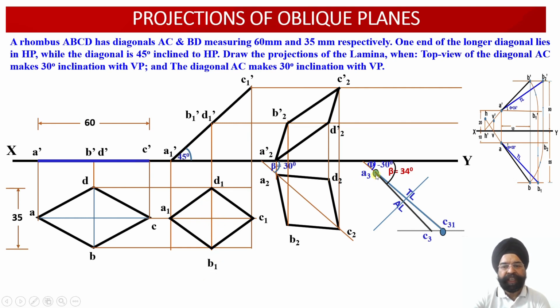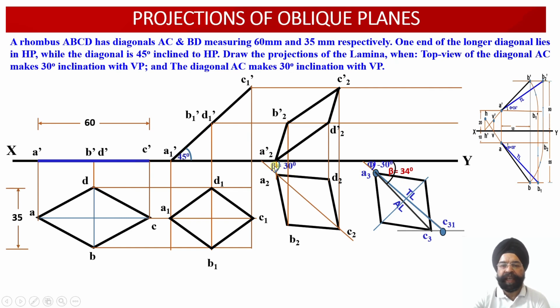The first point of the apparent length, A1, is shown as A3, and C1 is shown over here as C3. Then I'll measure the vertical distances and mark them from this black line, which is our apparent length. Now I have obtained the apparent shape in the top view with respect to angle beta, not with respect to angle phi.